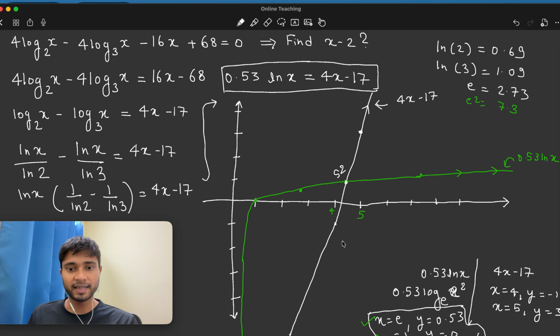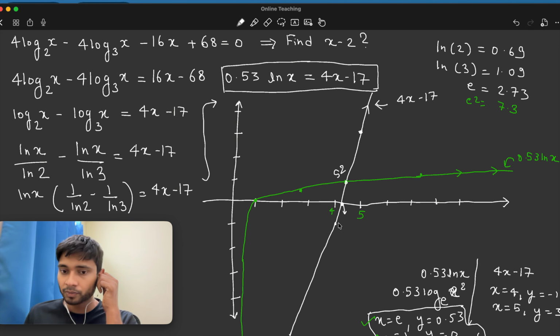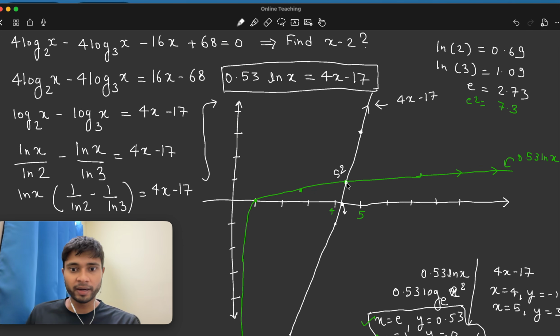Let's see. Can we say definitely this point is on the right side of the point where 4x minus 17 was 0? At this point 4x minus 17 was 0. So this S2 point, solution 2 point, definitely lies on the right side of it.